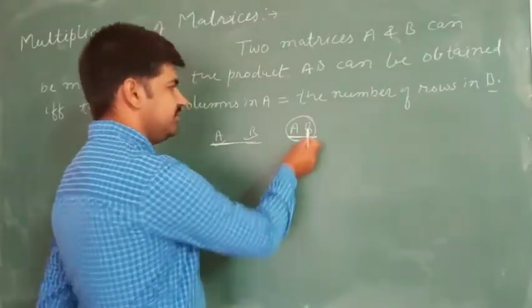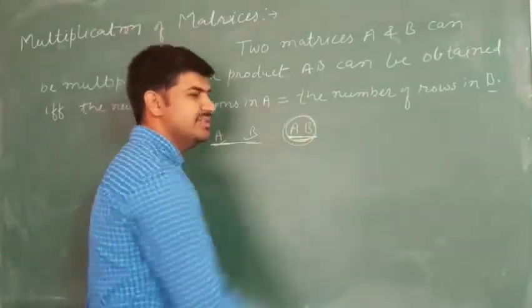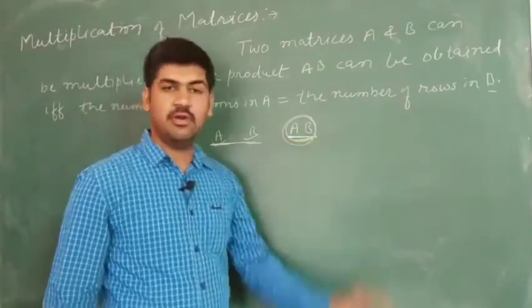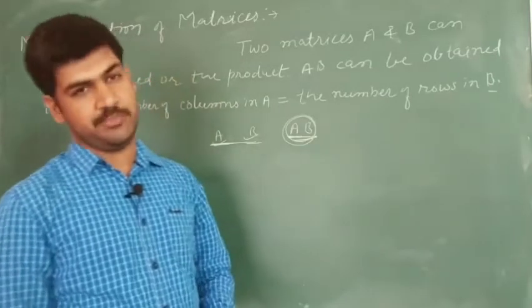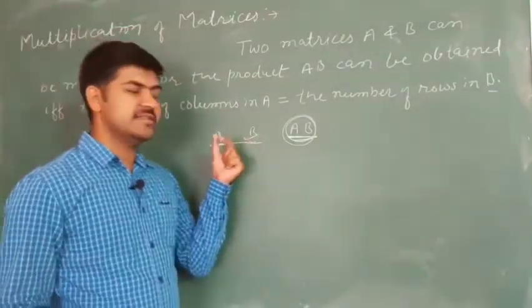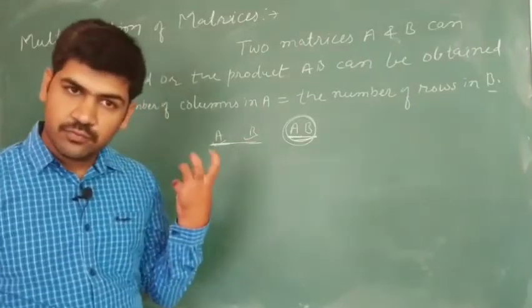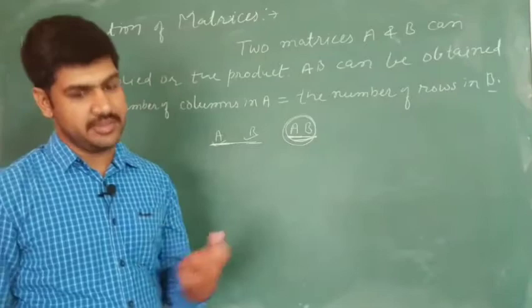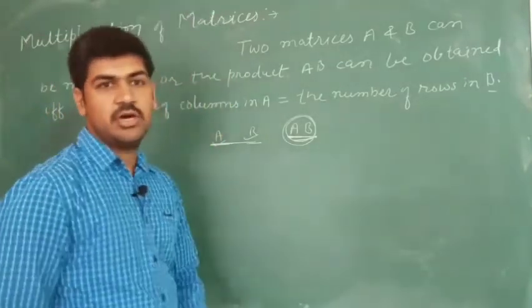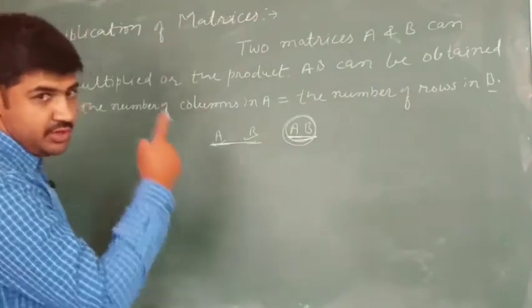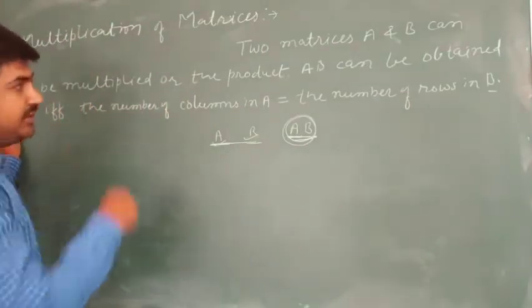So the condition for the multiplication of two matrices is the number of columns in the pre-multiplier is equal to the number of rows in the post-multiplier. So we'll be taking two matrices such that this holds, and then we'll talk about how they will be multiplied. I hope you have understood how two matrices can be multiplied.